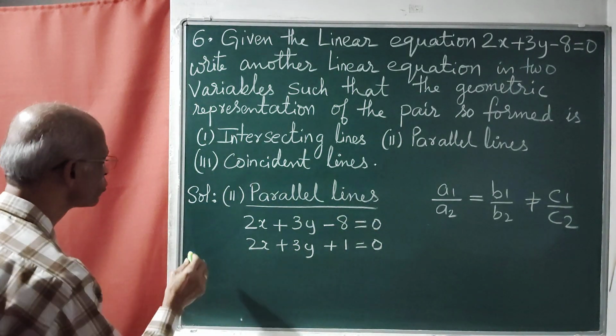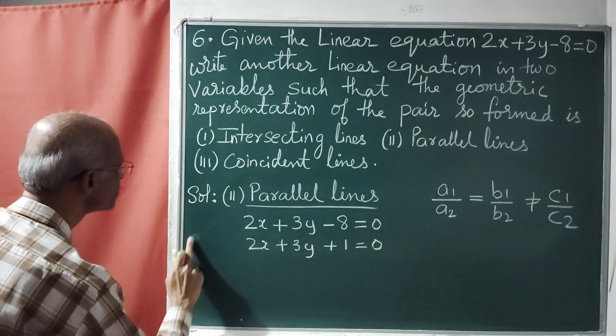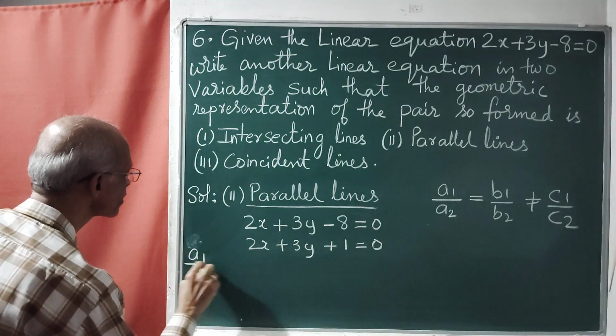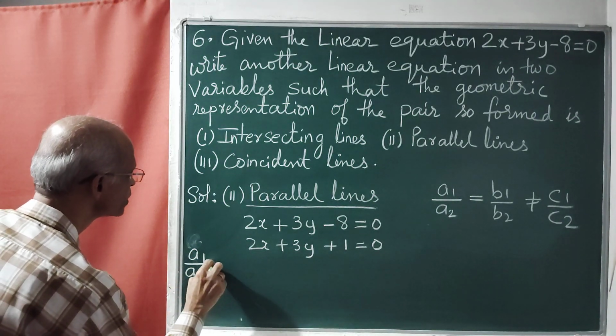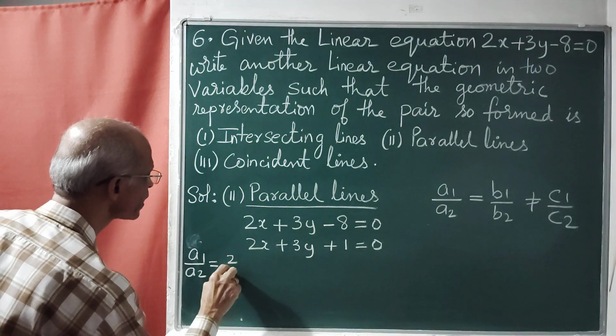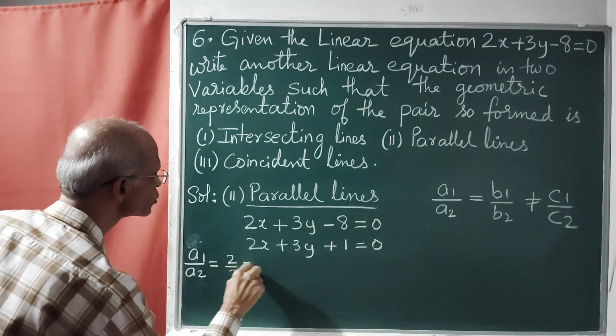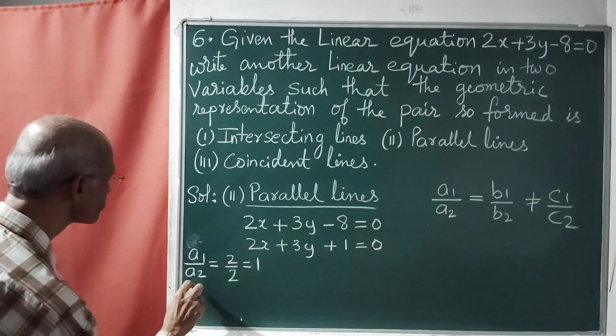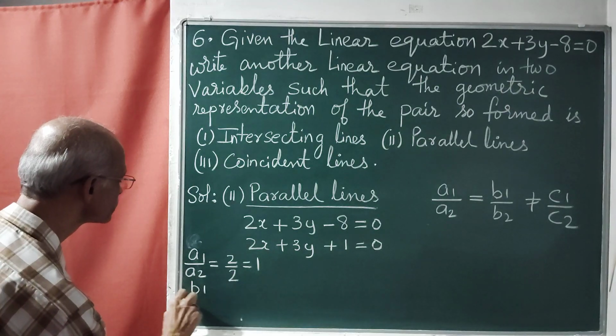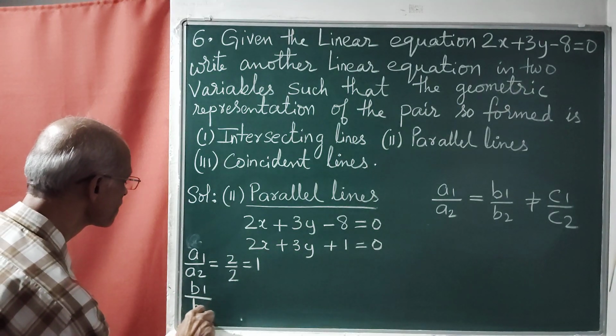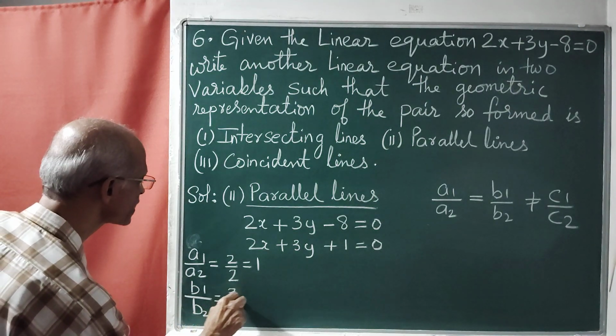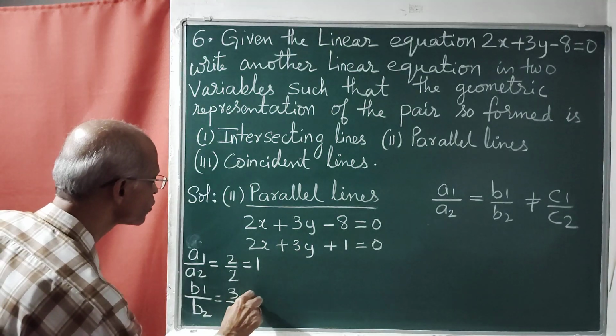Now we'll see the ratio. A1 by A2 is equal to 2 by 2, that's equal to 1. B1 by B2 will be 3 by 3, it's also equal to 1.